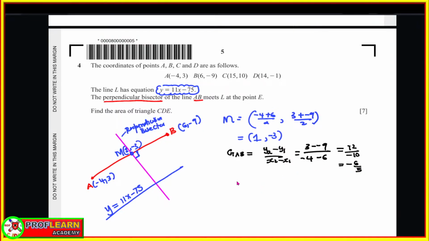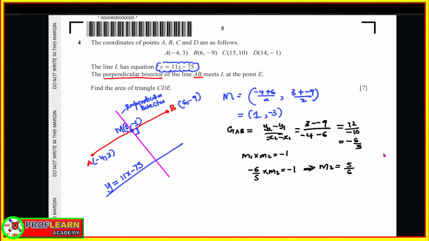Then m1 times m2 is equal to negative 1. So meaning that negative 6 over 5 times m2 is negative 1. So which means that m2 is going to translate to what? Positive 5 over 6, which is the gradient of this line that is perpendicular.